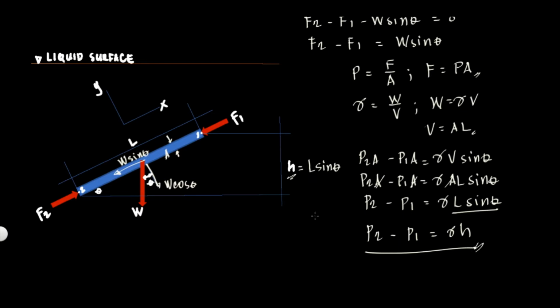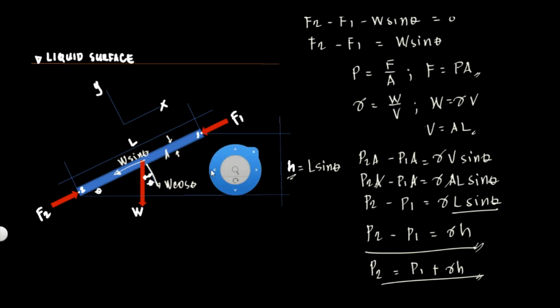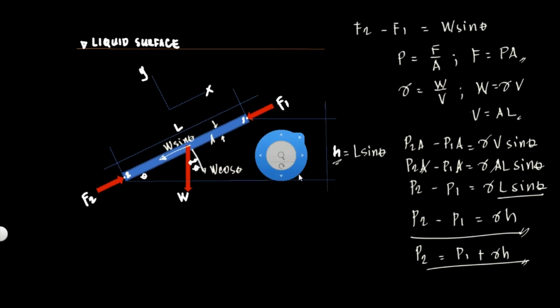So that is what this means. Or you can rewrite this as P2 equals P1 plus gamma h. It's the same thing. Okay? So, another situation, what if point 1 is at the free liquid surface? What will be the equation?